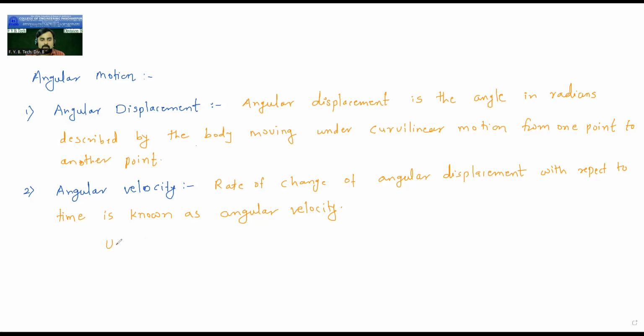The unit of angular velocity is radian per second. So displacement is measured in radians. Angular velocity is measured in radian per second.